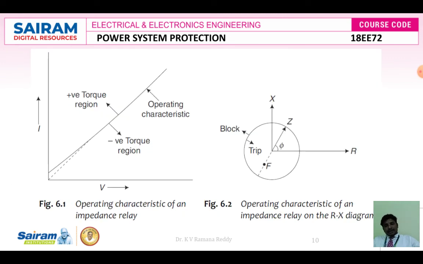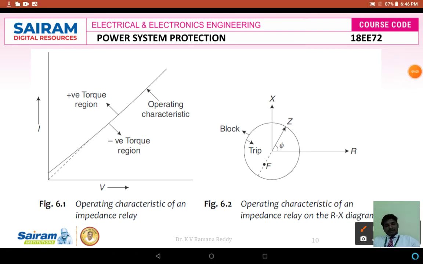of an impedance relay. If you see the same operating characteristics in the RX diagram, where R is taken on the real axis and X is taken on the Y axis, X is called reactance and R is called the resistance axis. The impedance is shown in this quadrant by this arrow mark.